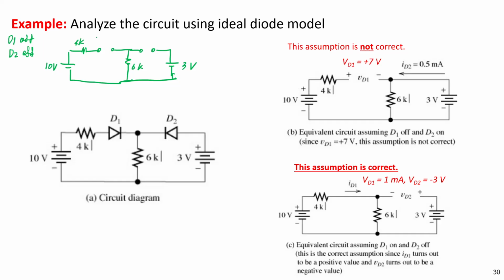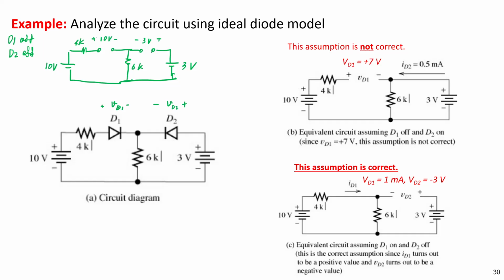This means we get VD1 negative, and VD2 should also be on the negative side, right? But what we get is on the positive side. It's 3 volt over here, and 10 volt over here, right?